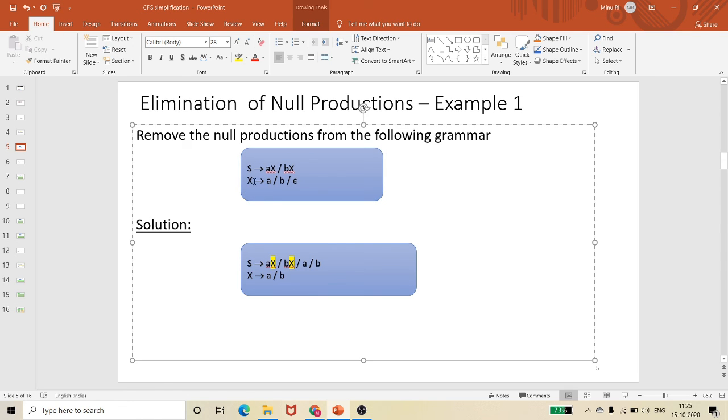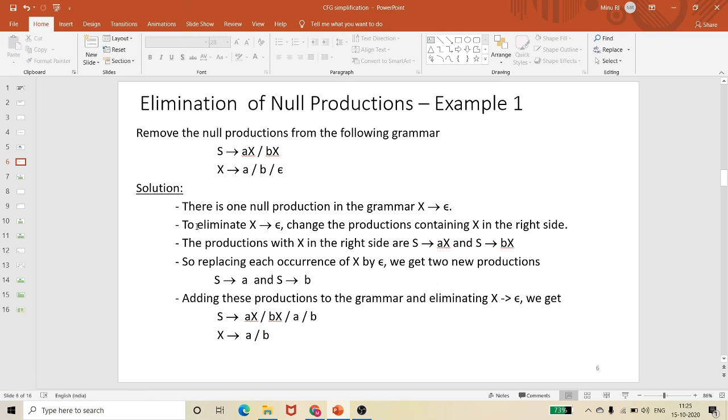Wherever X is there, because X gives epsilon, we substitute it, and whatever remaining production is there, we append it into our grammar. That is the removal of null production. This is a very easy example. There is only one null production in this grammar, that is X gives epsilon.